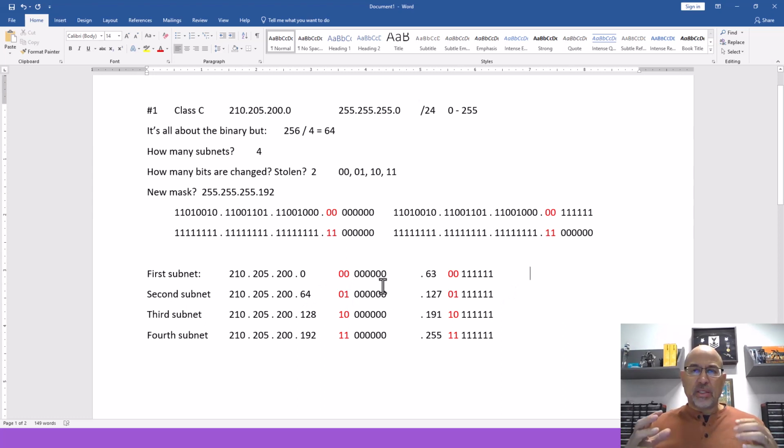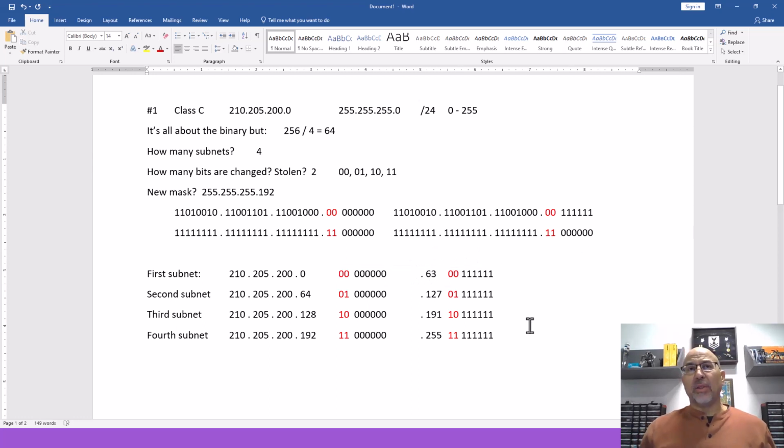I have done subnetting, and the whole point was to reduce the size of the address spaces that I was using. I created 4 of them, but all of them are smaller than the class full address space. Each one of them has a low and high address. Each one of them has that subnet ID, the lowest, and the broadcast ID, the highest.